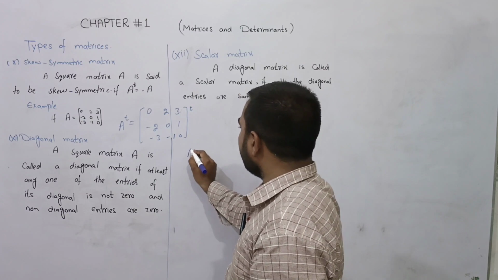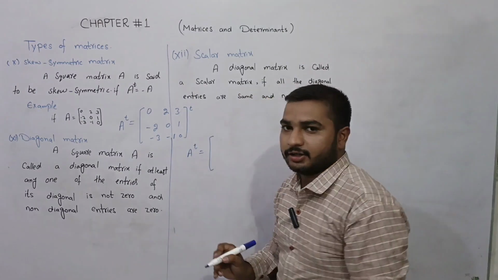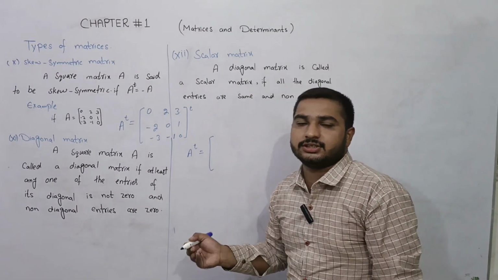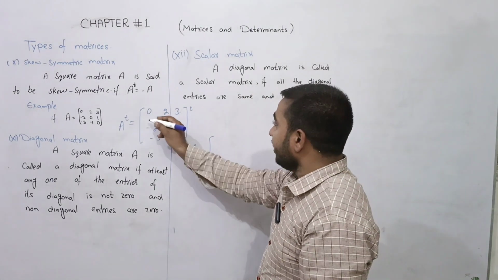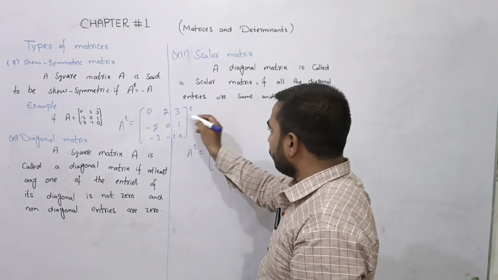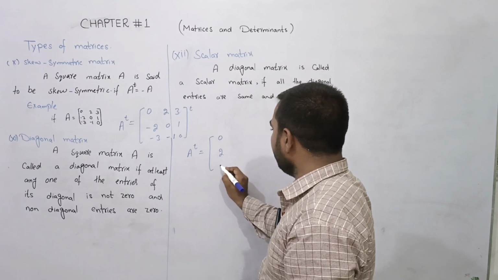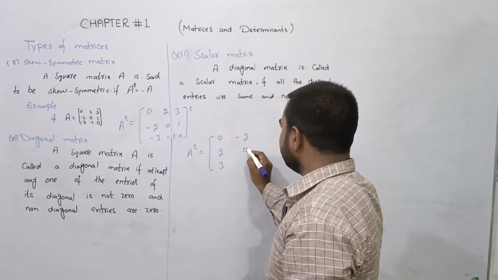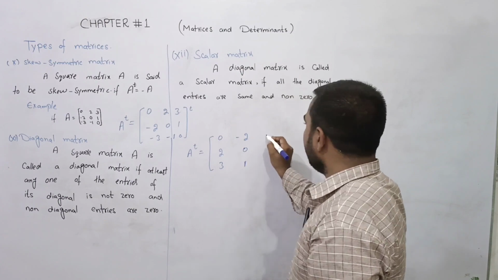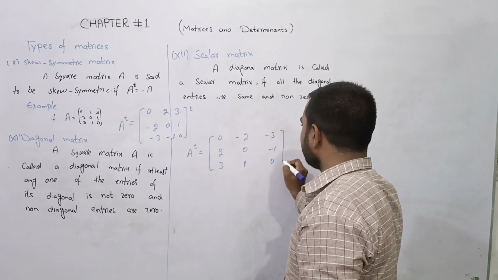Then how do we take the transpose? We change the rows into columns. Here I change the rows into columns: 0, 2, 3, -2, 0, 1, -3, -1 and 0.